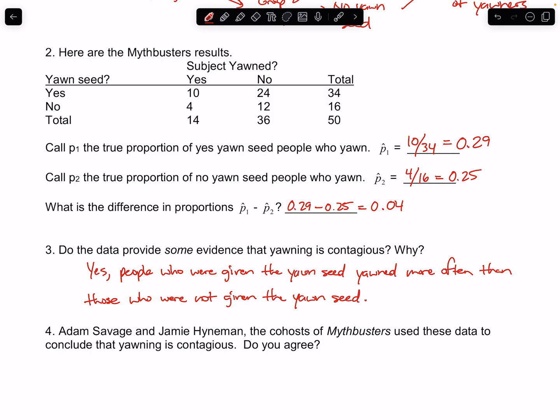And we can see that because our proportion's higher. Those who were had a higher proportion than those who were not. That 0.29 is bigger than 0.25.